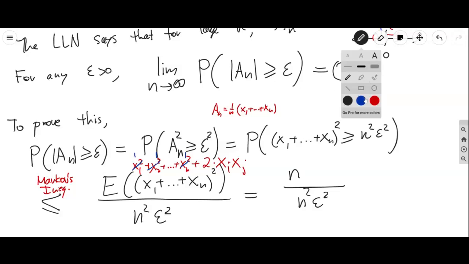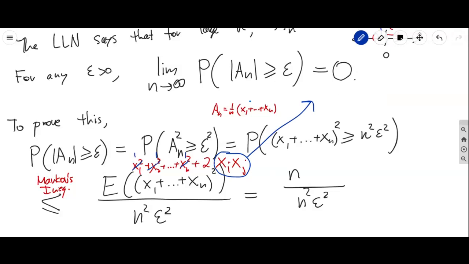Now for the cross terms, something very interesting happens. If you take the expectation of their product, you get the product of their expectations, because these are independent coin tosses. Expectation is multiplicative when you have independent random variables. Remember, basically what independence means symbolically is to multiply.